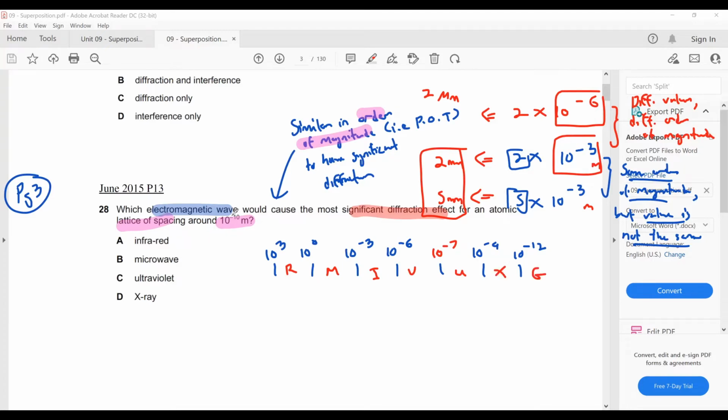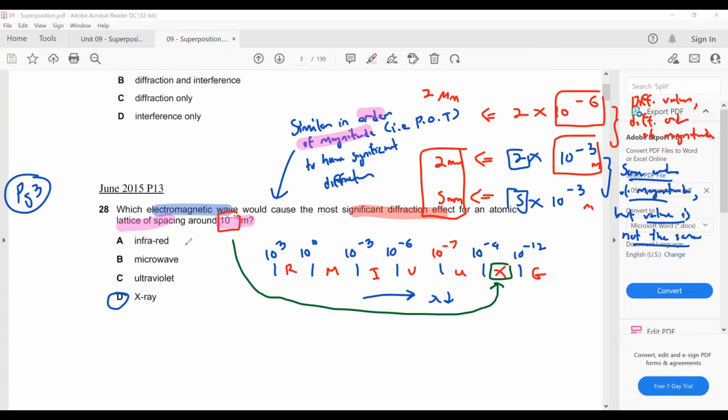So you want to find out which wave has 10 power minus 10. The wave that seems to have 10 power minus 10 is actually going to be X-ray, 10 power minus 9 to 10 power minus 12, right? Going here, lambda decreases. So your answer here would be X-ray.